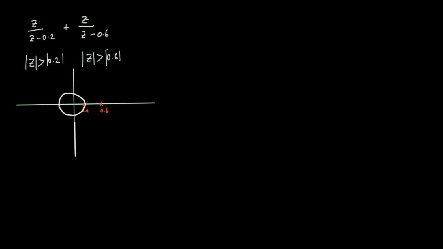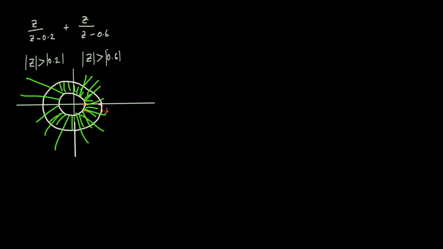Okay, this is our first circle. The second circle. Let's use different colors. The region of convergence of the first circle is exterior to 0.2, greater than 0.2, and it goes forever, it doesn't stop right there. Entire Z plane, exterior.